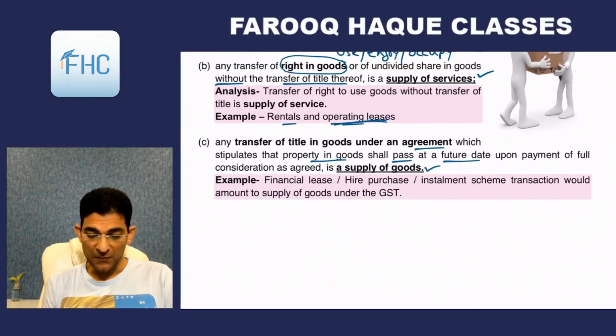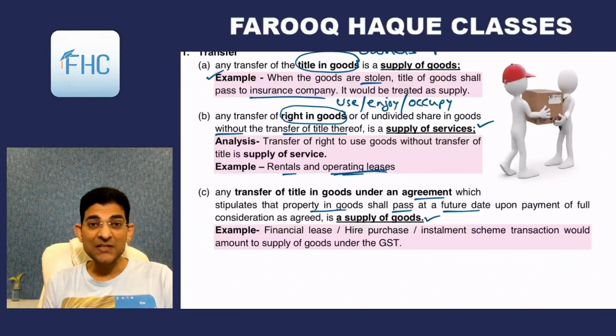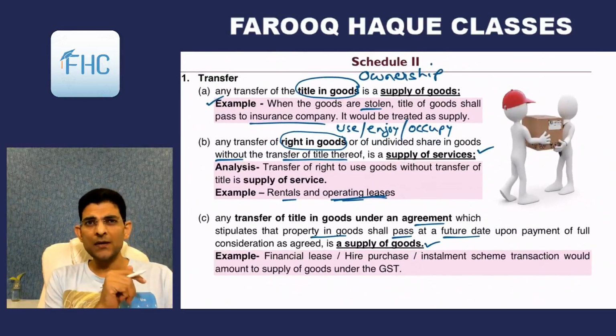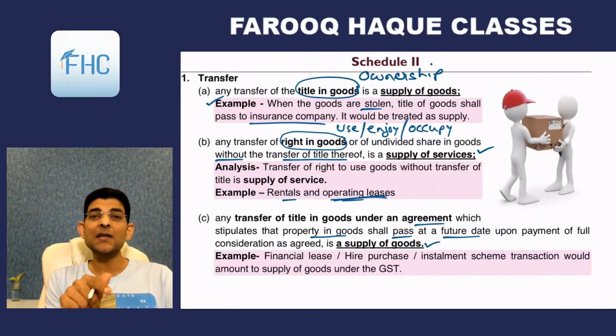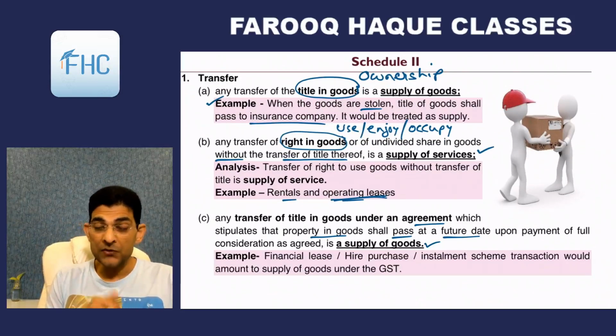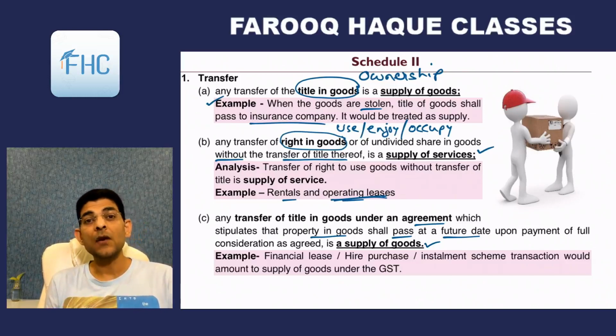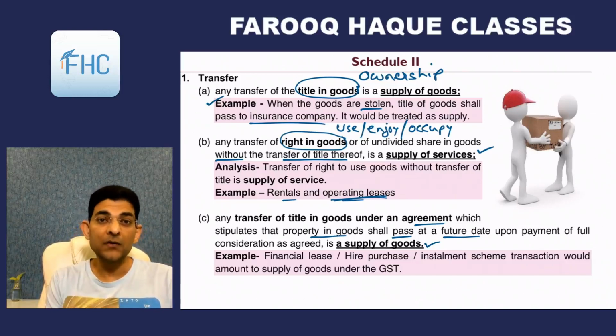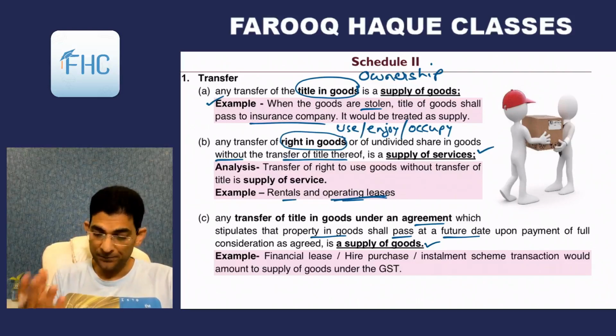So what it means is, if we compare A with C, A is a case where title is transferred immediately. C is the case where transfer will take place on a future date. Still, it will be called supply of goods, because ultimately the title transfer is involved, whether it is involved right away or at a future date.